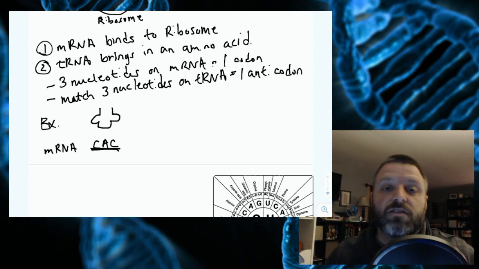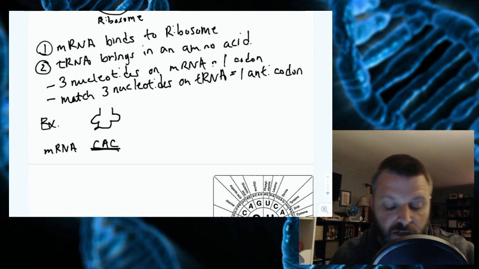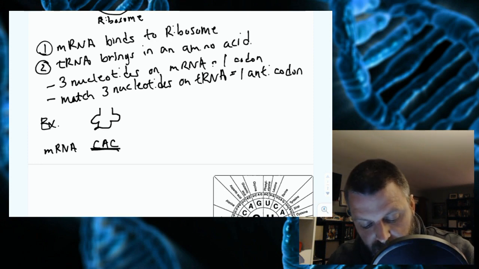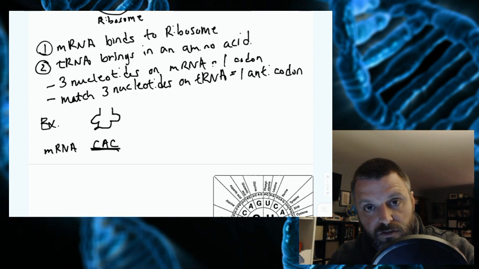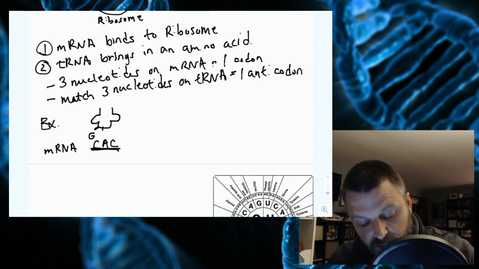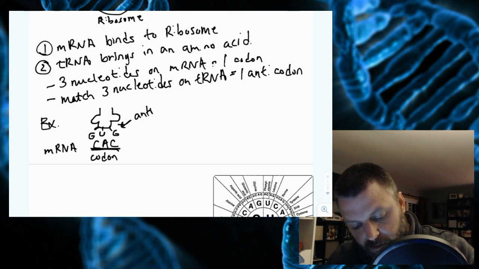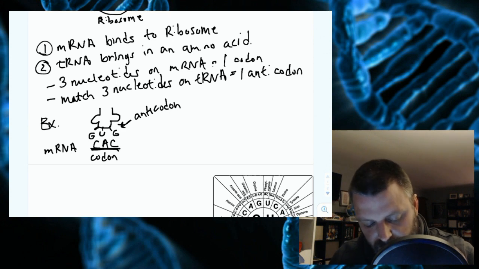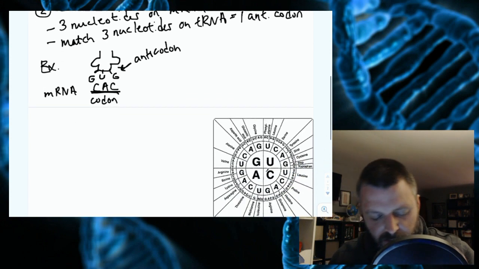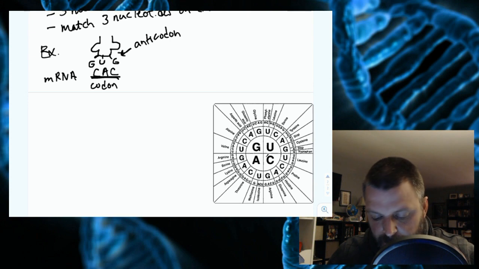Now remember, this is mRNA and tRNA, so it does not have T's, and only has U's. So C would match up with G. A usually would match up with T, but this is RNA, so it matches up with U, and then the C matches up with G. So that's a codon. This here is an anticodon. How I remembered it was the T in anticodon is tRNA. So T in anticodon matches up with the RNA.